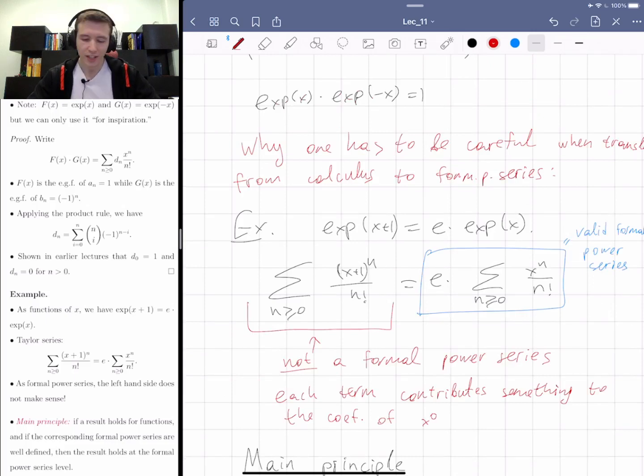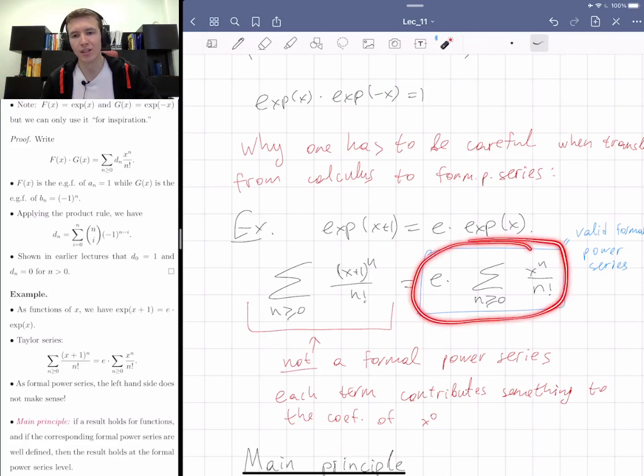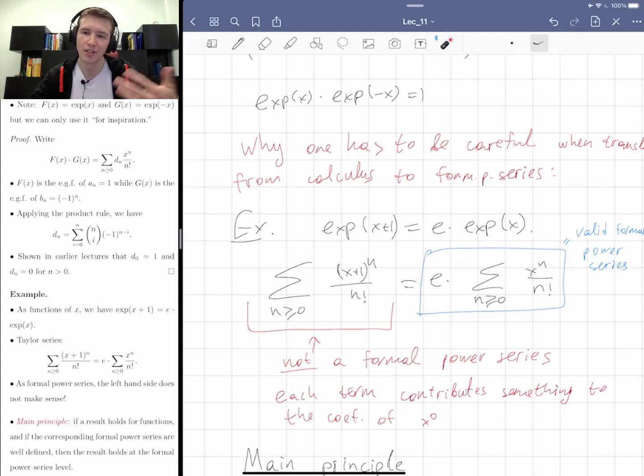Well, if you write it in a different way, this thing on the right is a formal power series, and it's a representation of the same function of x. Right? So it's a matter of how you write things down.